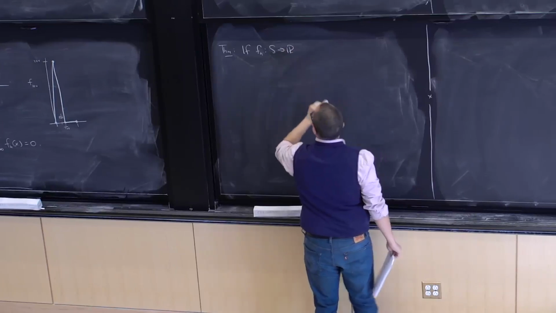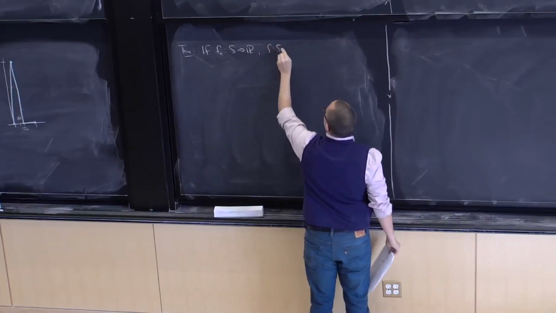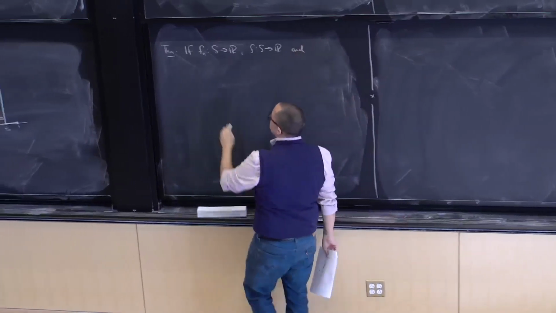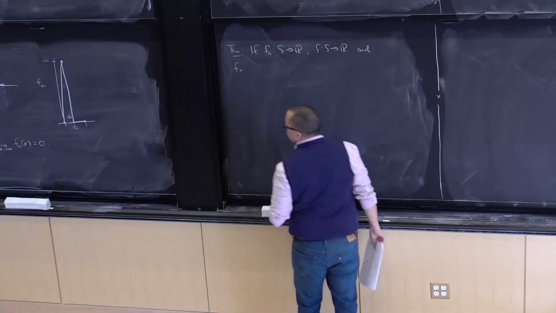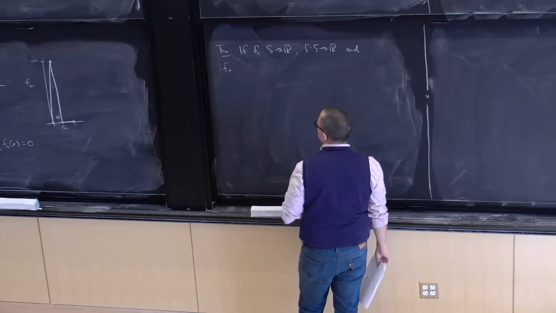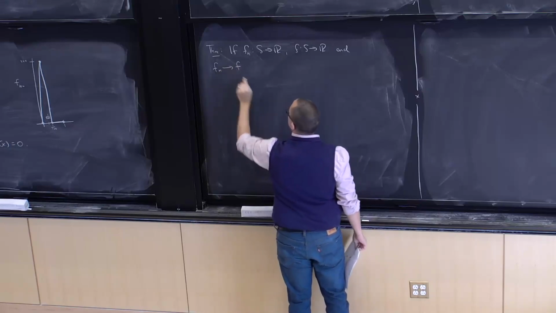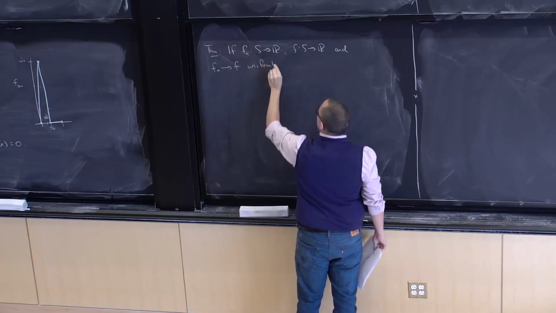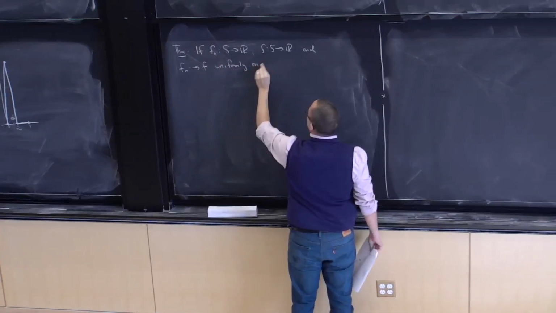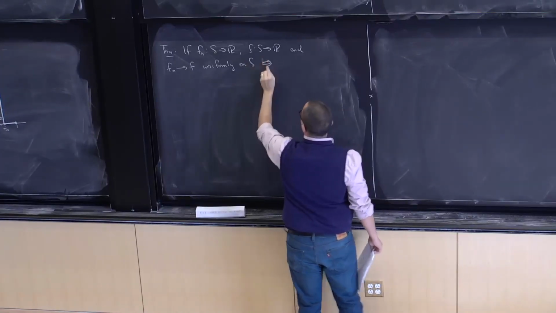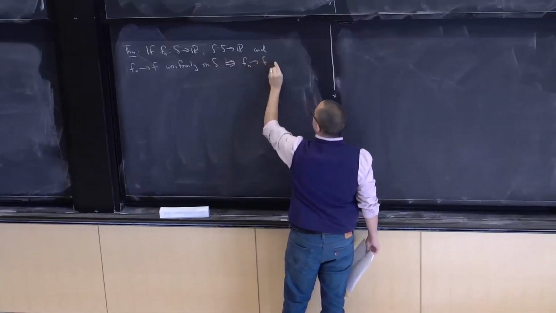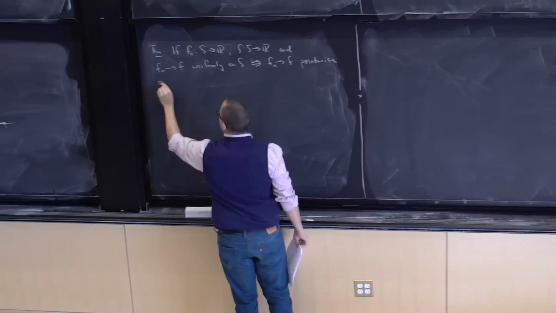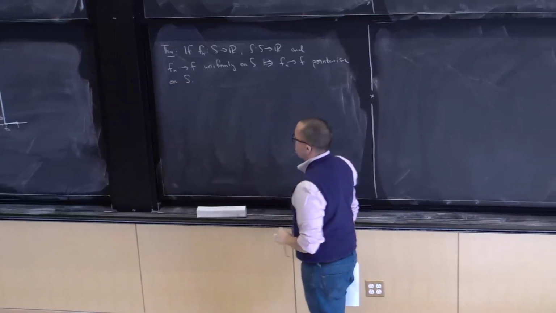If I have a sequence of functions from S to R, and fn, rather than write converges to f pointwise or uniformly, I'm going to put an arrow, and then with the description afterwards, uniformly on S. And then this implies fn converges to f pointwise on S. Okay? So it's very simple.